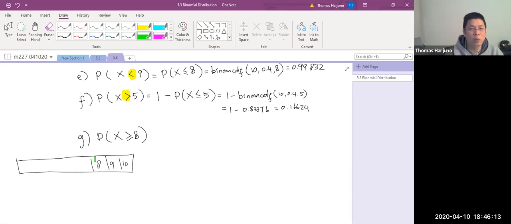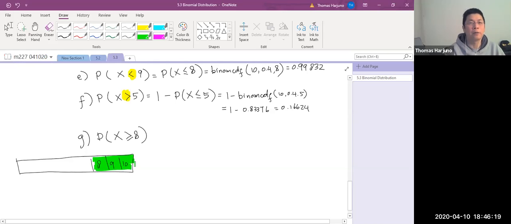That's what I want. However, again, my calculator cannot compute probability for x greater than for binomial distribution. Then I will do the complement. This will be 1 minus probability x up to what?